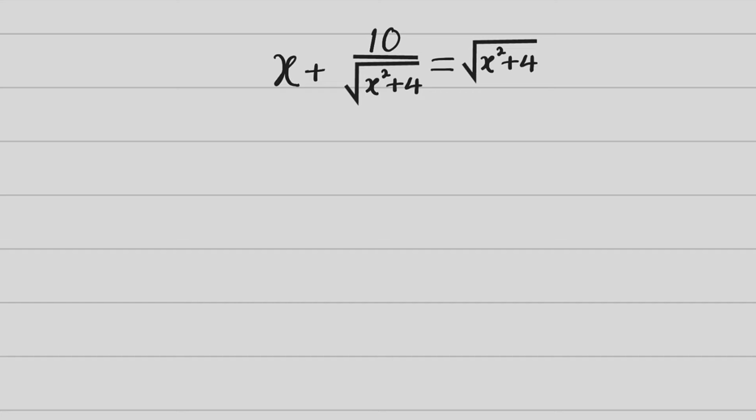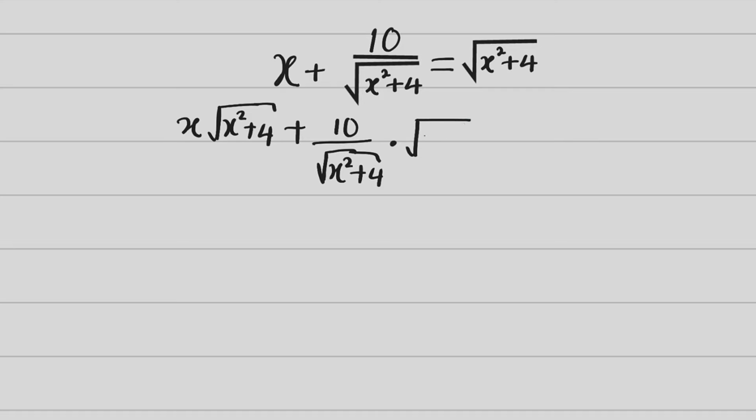Therefore, from the left hand side, we are going to have x multiplied by root of x squared plus 4, plus 10 divided by root of x squared plus 4 multiplied by root of x squared plus 4, and to the right we still have root of x squared plus 4 multiplied by root of x squared plus 4, which is the same thing as root of x squared plus 4 all squared, because the two terms are exactly the same.